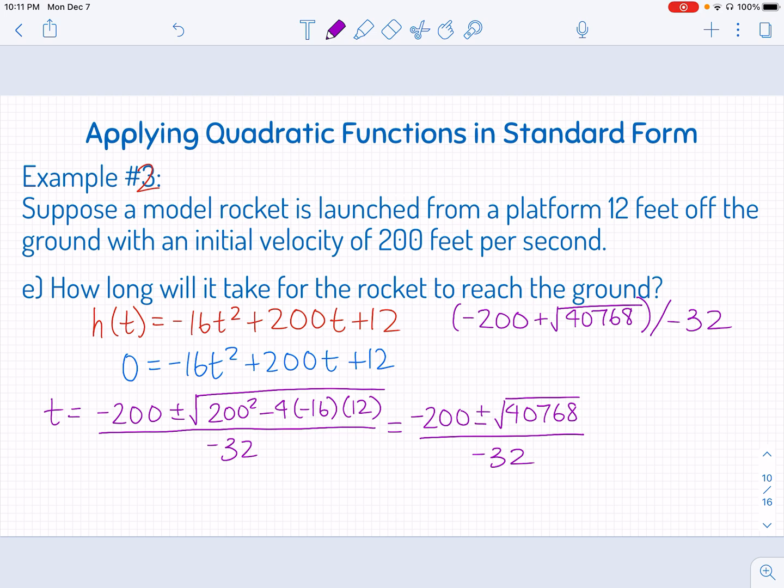And that gives me this weird time of t being approximately equal to negative 0.059, or if we round it up, it would be 0.060. And then we'll do the negative version.